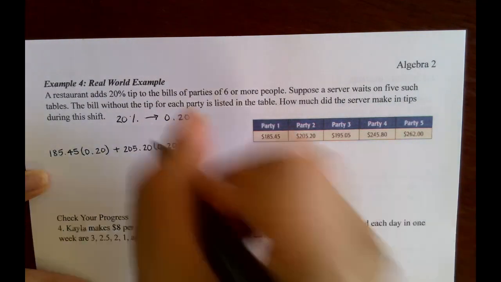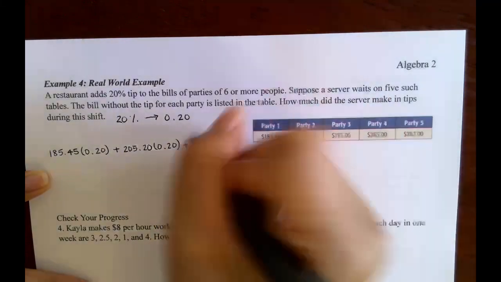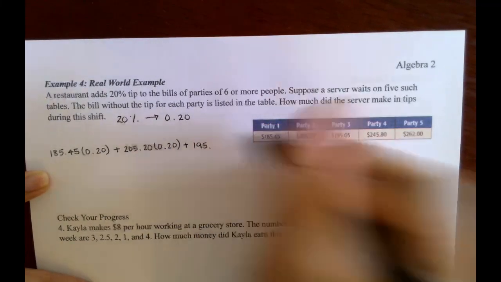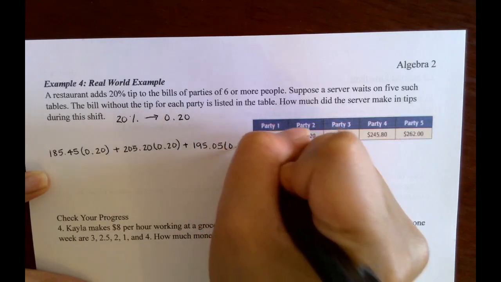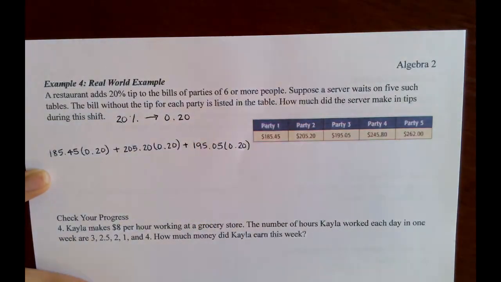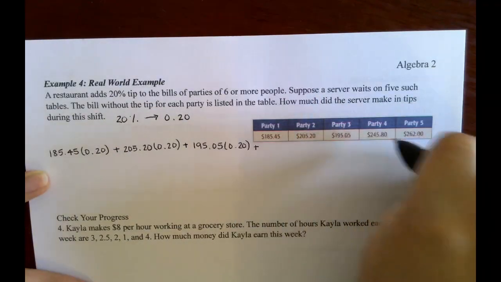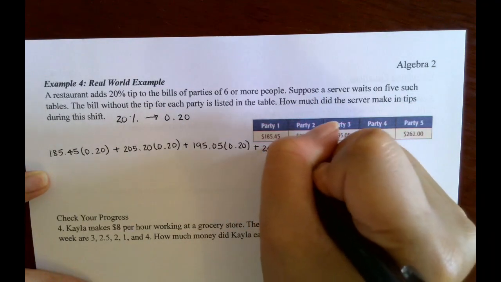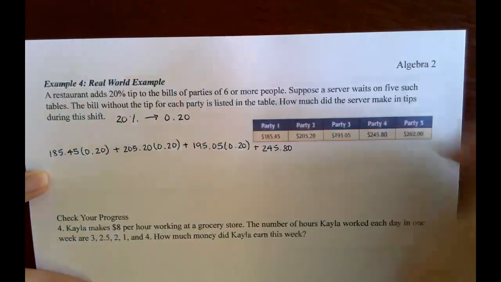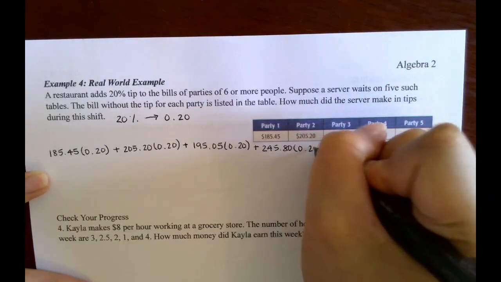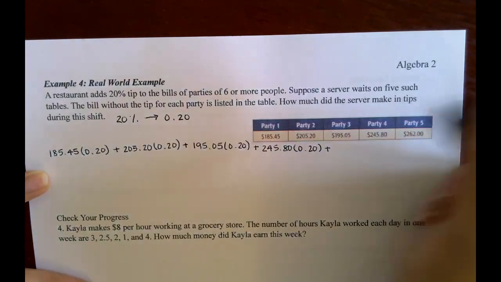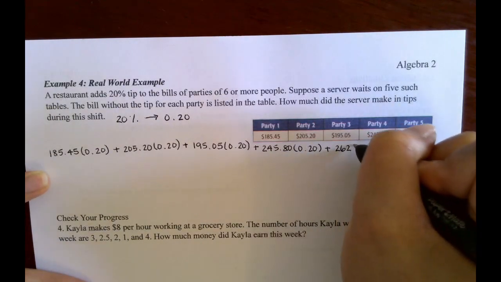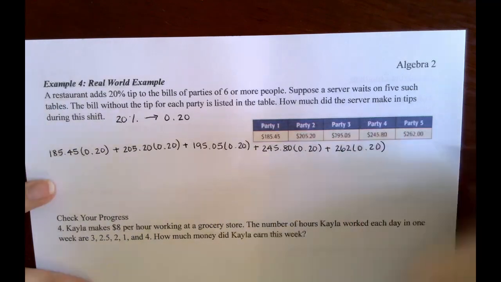Then I'm going to do party 3 plus 195.05 and then the 20% tip. Okay, that's party 3. Then I'm going to move on to party 4, which is 245.80 and their 20% tip. That's party 4. And the last is party 5, which was $262. And then I'm going to multiply the 20% tip.